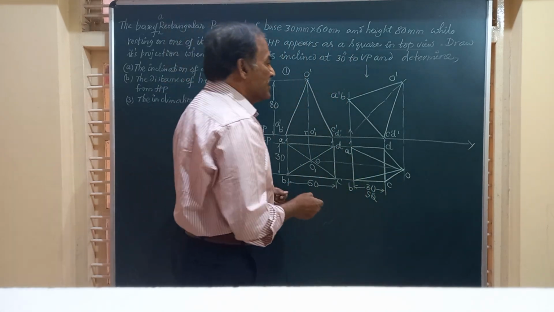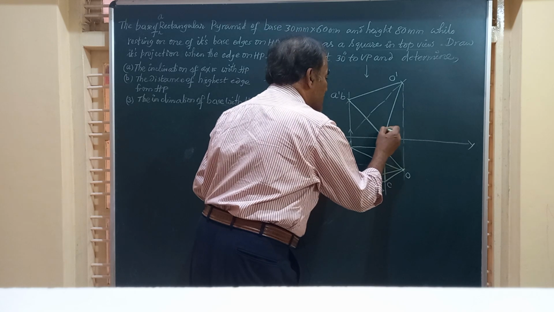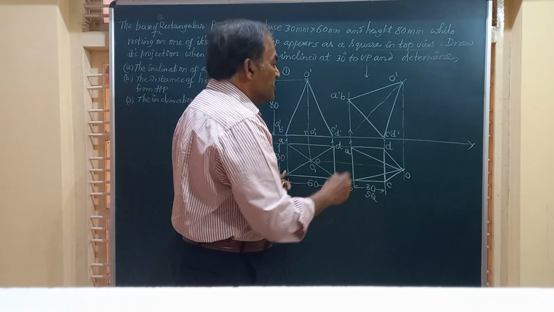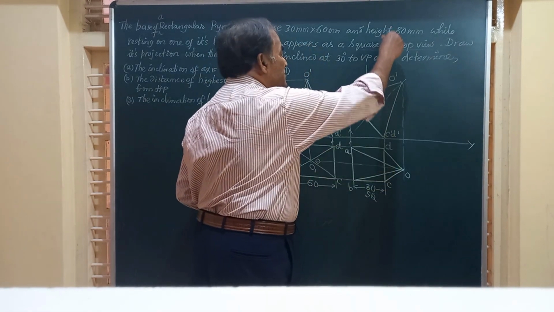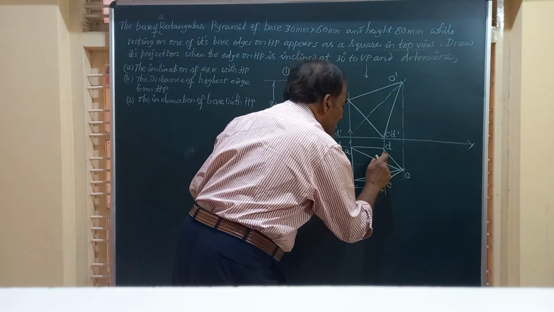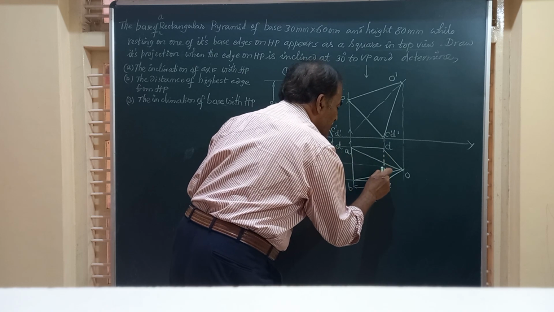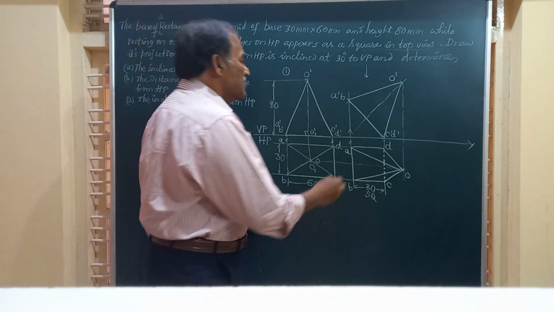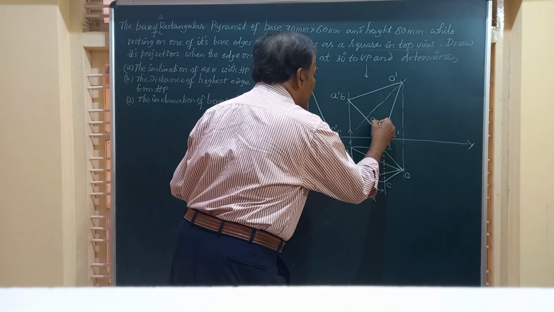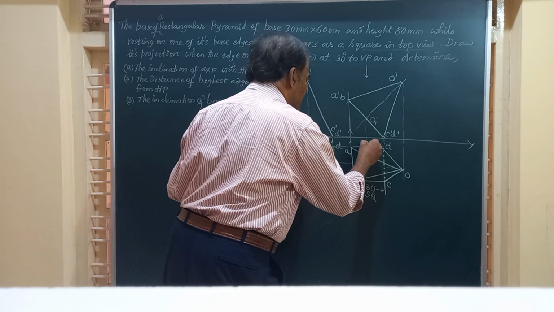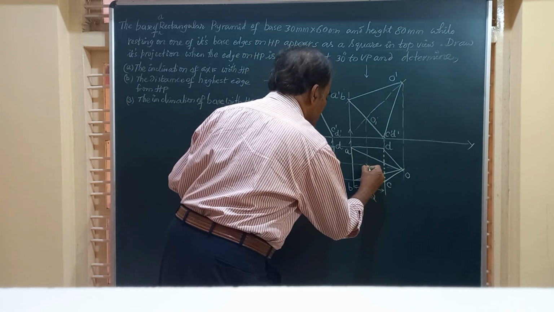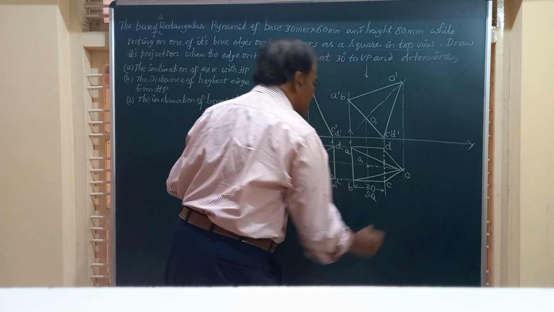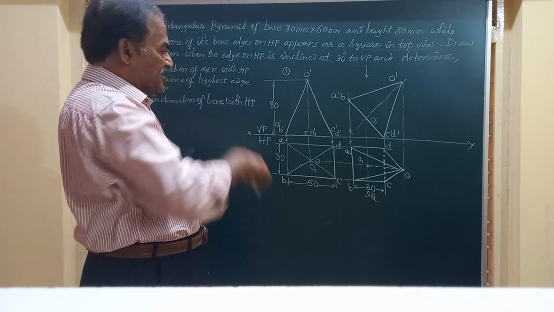Friends, you can observe here this corner CD, not CD, that is the base at CD, is on HP, and when you see from the top it is not visible, and hence I have to show this by a dotted line. So this edge is not visible. So we will mark O1 dash, the center of the square. So this is O1. O1 is the axis of the solid.